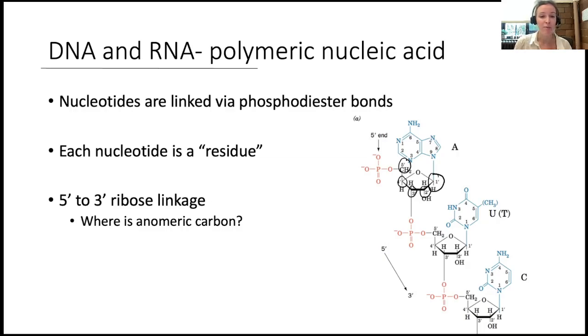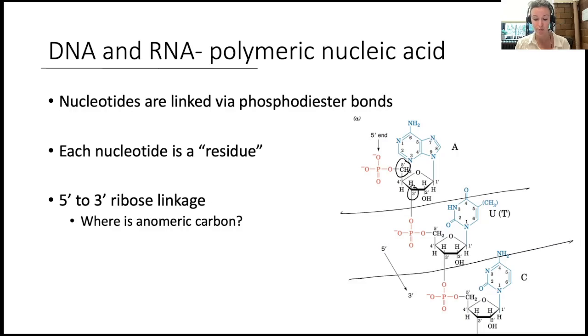The 5' to 3' language directly refers to the carbon number. So the nucleotide starts at the 5' because that's where the phosphate is, and we read it down to the 3' carbon, which then links to the next nucleotide, 5' to 3', and so forth. So that's where the 5' to 3' originates.